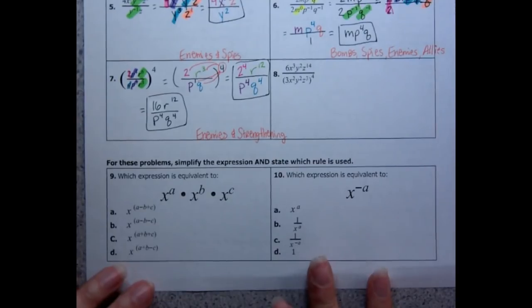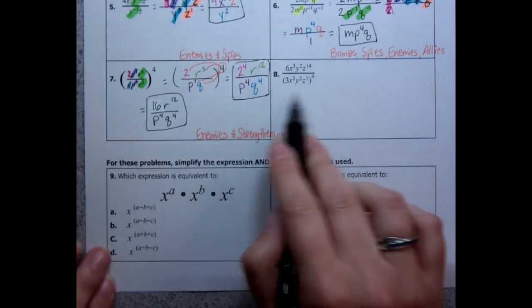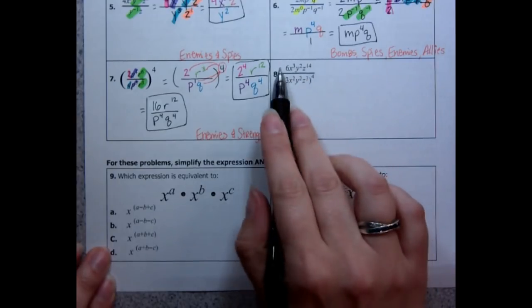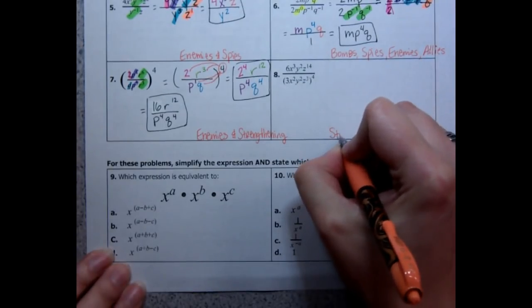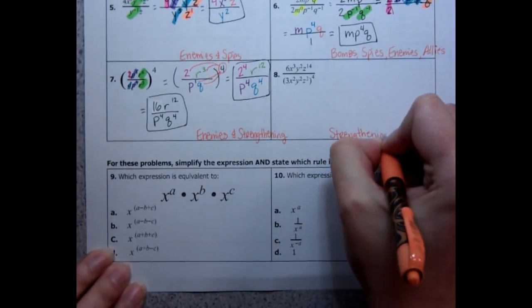All right, number 8. A lot going on here. So where do we start? Well, this whole bottom is protected by these parentheses. So I can't do anything with the bottom. Is there any simplifying on the top? Nope. So the first thing I need to do is strengthening.